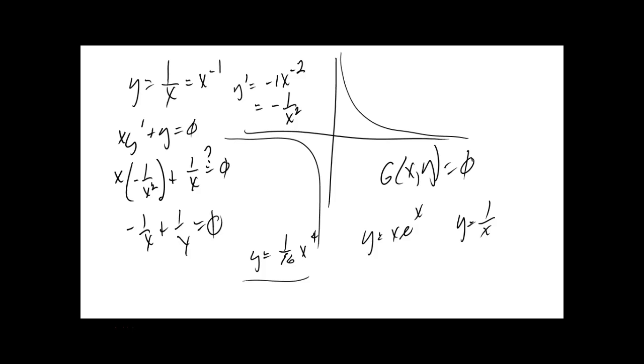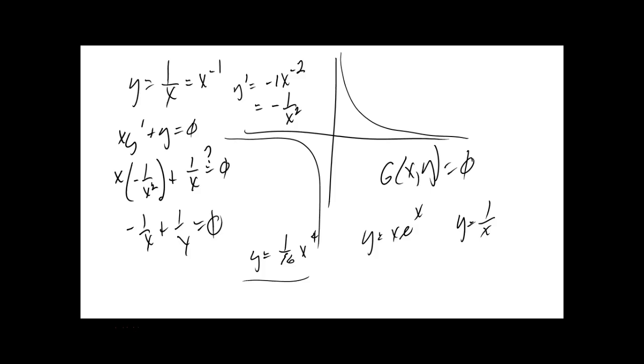To do something with logs or something. Well, yeah, that's what I was just thinking. If you did that, then you have y's and log y's, and I don't think you can get those to combine together. But you can probably get them all on one side. On one side, yes, but not with y explicitly a function of x. Okay.